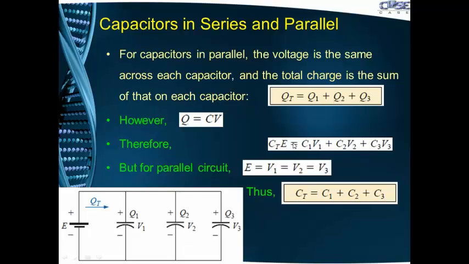So these voltages are all equal, and they can be taken out and cancelled on either side. So the total capacitance would be equal to the sum of all the capacitances. This is like the series sum of resistors, but for capacitors, when they are in parallel, they are simply added.